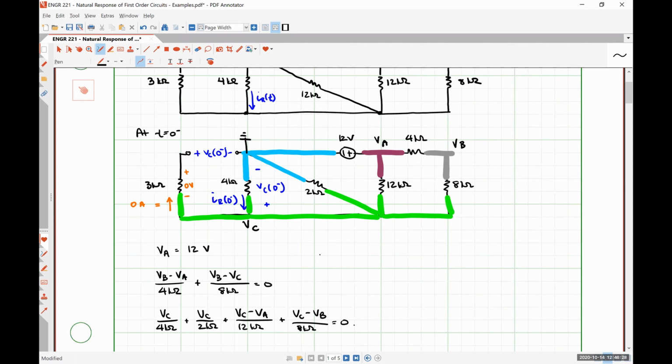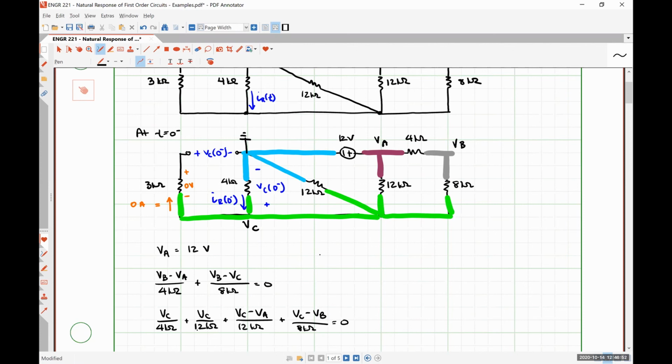So anybody see any mistakes in setting up my nodal analysis equations here? Yes, sir. Thank you. So that means that this guy is 12, right? Yes, thank you very much. Any other mistakes or anything anybody's noticed? I don't see any.